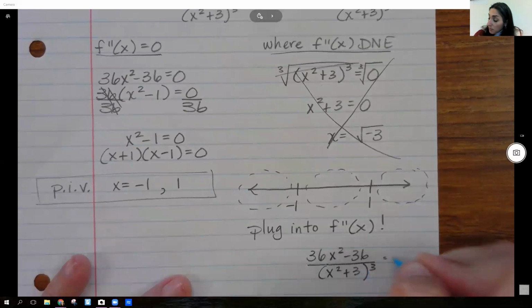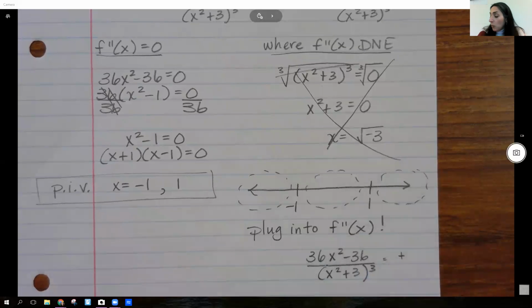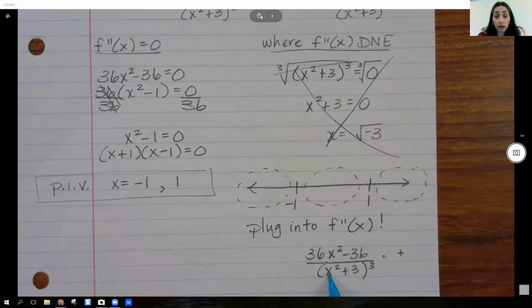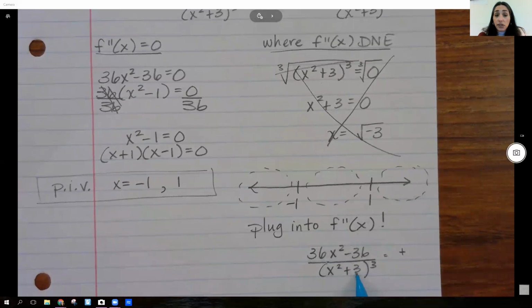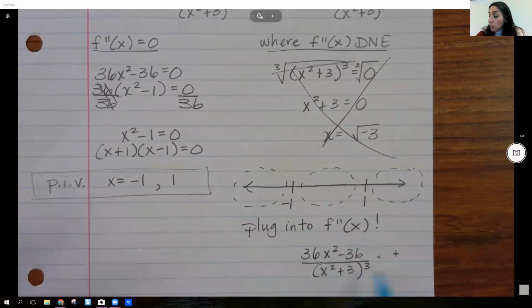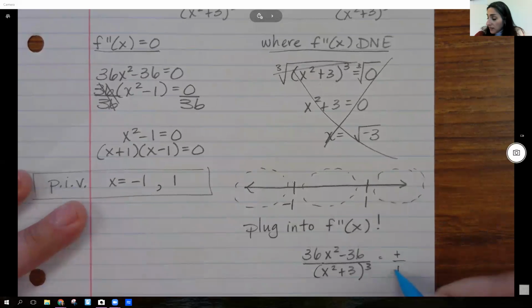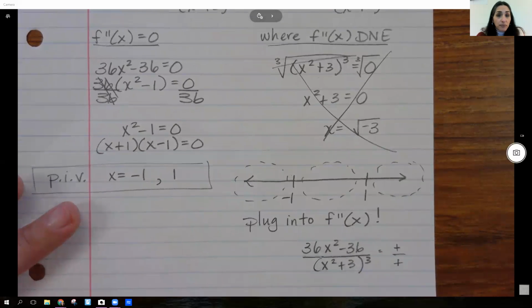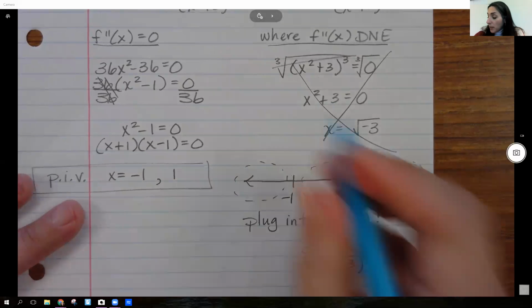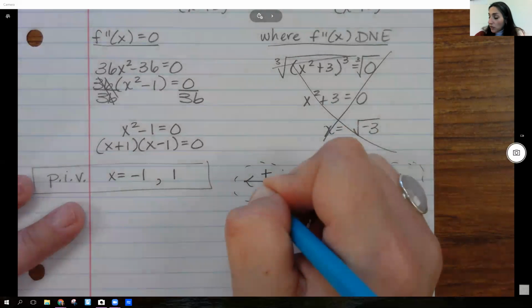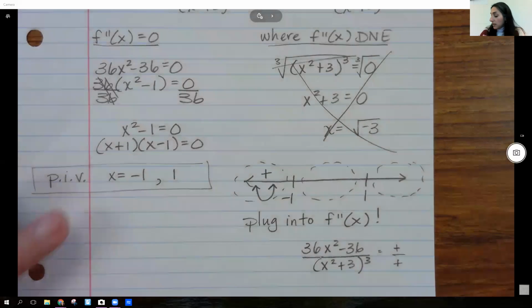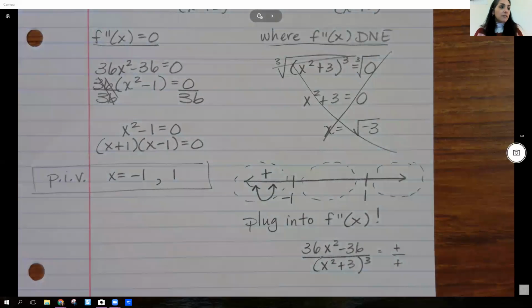So the top is going to be positive. When you put -2 in here, it'll turn positive. And then add 3, still positive. And then cube whatever that is, also going to be positive. So positive divided by positive is positive. I like to draw the concavity underneath just so that I can keep that thought in my mind.